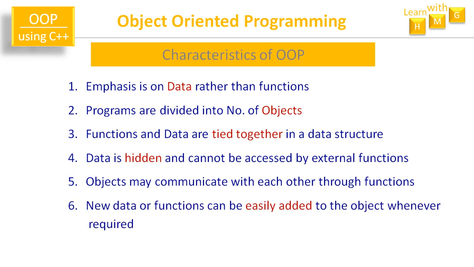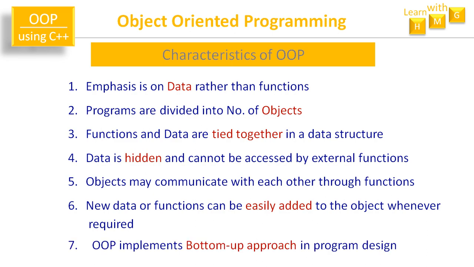New data or functions can be easily added to the objects whenever required. As data and functions are restricted to one object only, if you are going to add new data or a new function, the changes will be done within the object only. Other objects will not be affected. So it is easy to do this type of addition.